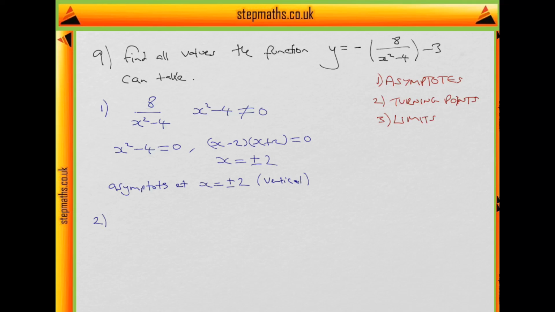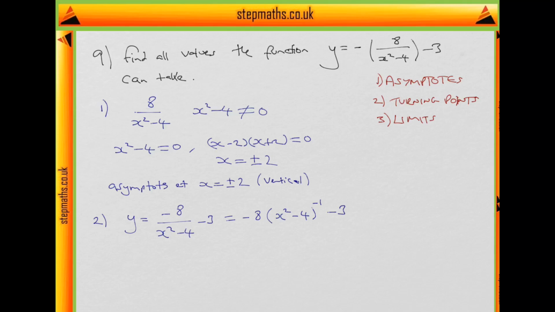To do this, we need to find the derivative and solve for that derivative being 0. So we have y equals minus 8 over x squared minus 4, minus 3, which can be written as minus 8 into x squared minus 4 to the power of minus 1, minus 3. Now let's differentiate this with respect to x.